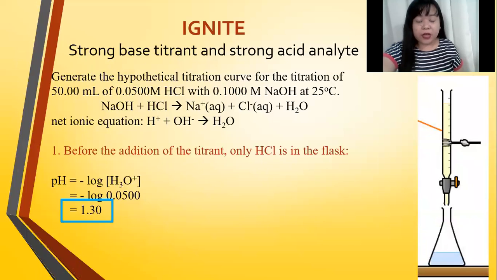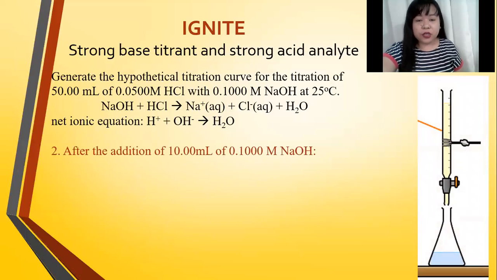Again, in terms of significant figures, we are supposed to report it in 3 decimal places. However, in all practical purposes, pH meters usually report only until 2 decimal places. So that is why, in this case, we can expect the pH to be just 1.30.